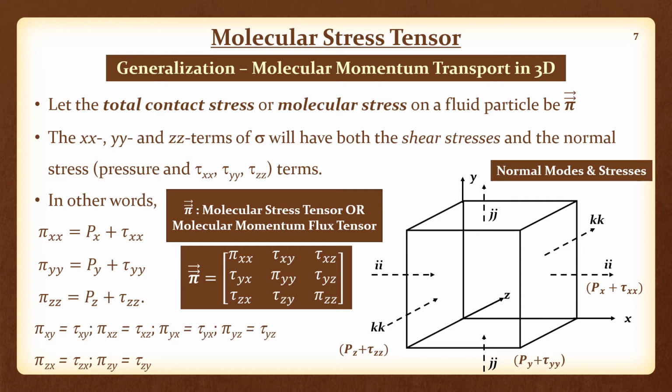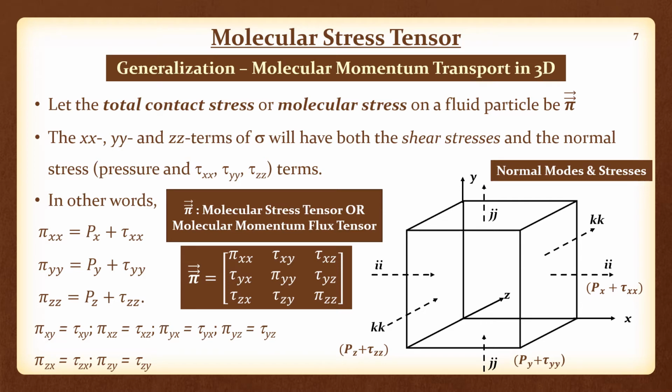So how does this molecular stress differ from the shear stress? The only difference is that in the three normal components, basically the xx, yy and zz components, in addition to the tau xx, tau yy and tau zz contributions from the shear, there is also px, py and pz contributed from the contact pressure terms, right?